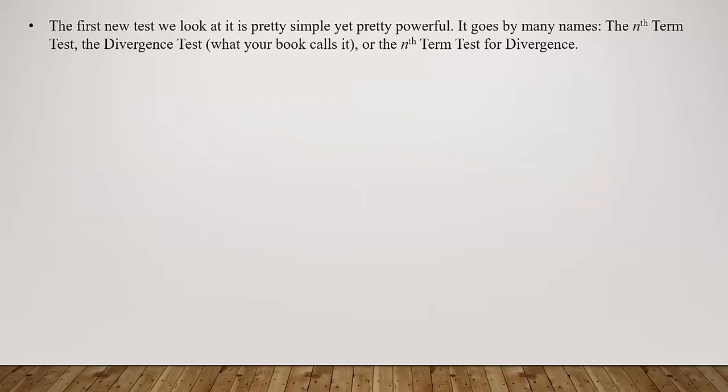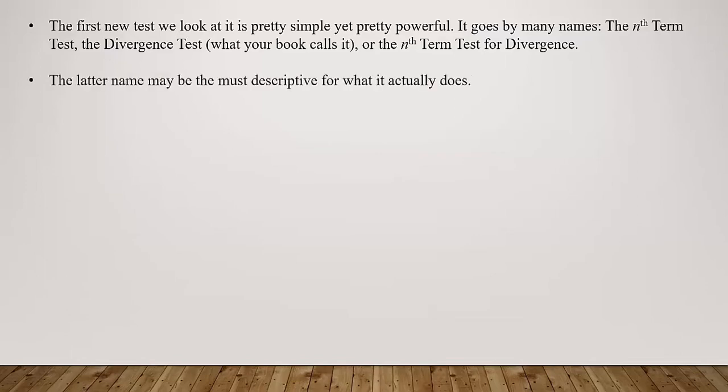So the first new test that we're going to look at, it's a pretty simple one, yet it's a really powerful one. It goes by many different names. I'm probably going to refer to it more often than not as the first name, the Nth Term Test. The book calls it the Divergence Test. Some people call it the Nth Term Test for Divergence.